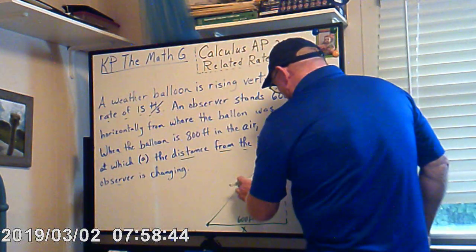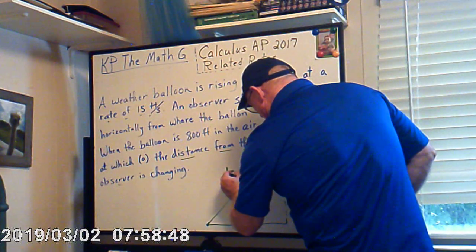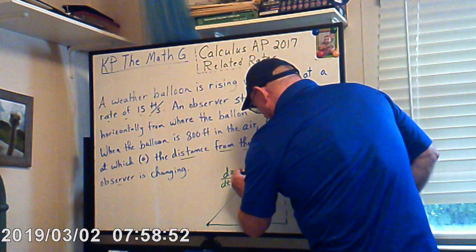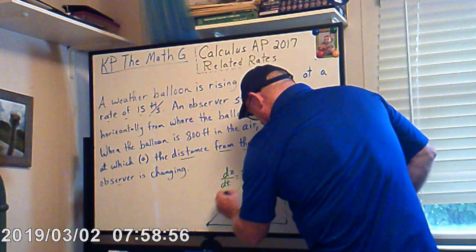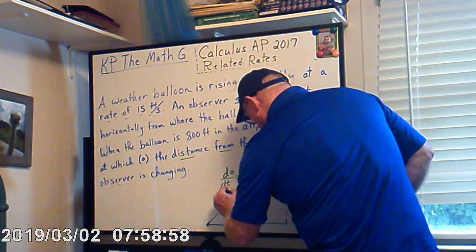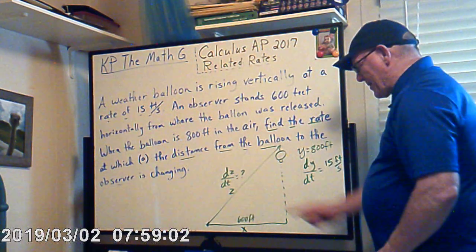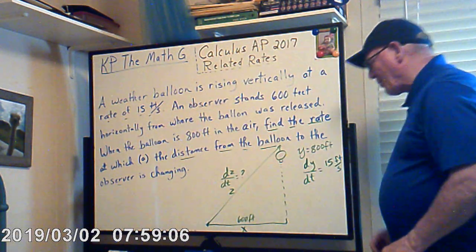We're going to call this z. The rate of z is dz over dt, which is what we don't know. So if this is z, we're going to call this dz over dt, and that's what we've got to find.